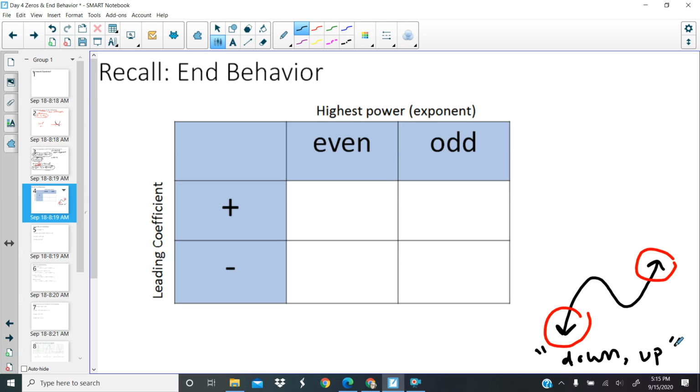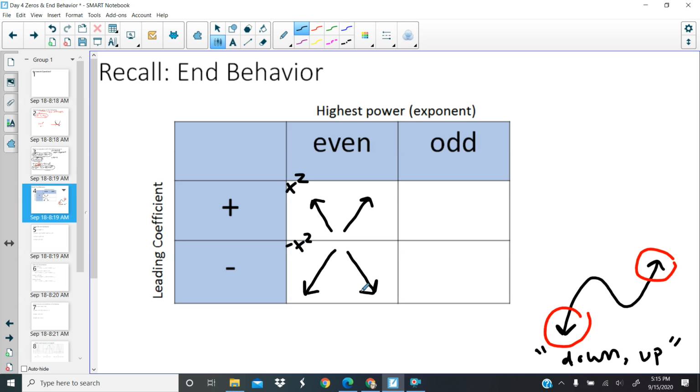And so whenever we're going through this, if it's even and positive, the example I want you to think of is just a positive x squared. That's just going to be a parabola, and so the end behavior is going to be up, up. Then if it's even and negative, think of negative x squared. That's going to be an upside down parabola where the end behavior is down, down.